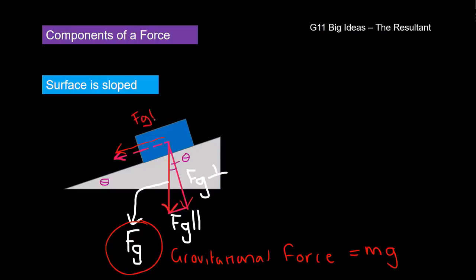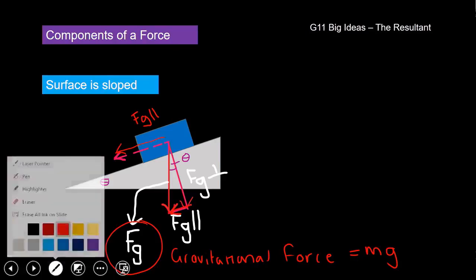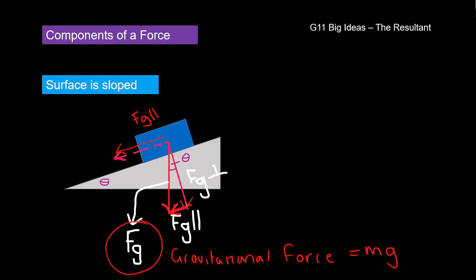It is the parallel component of the gravitational force. And if I move it down, transpose it, to draw it over here, let me just change my pen color so that you can see it more clearly. You can see it's been moved down.